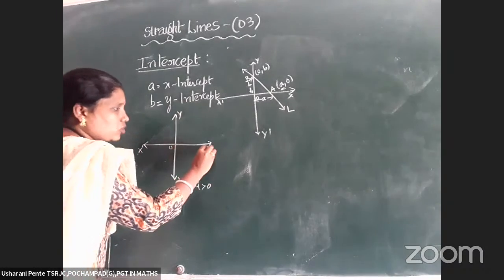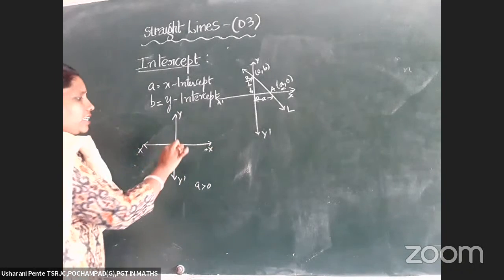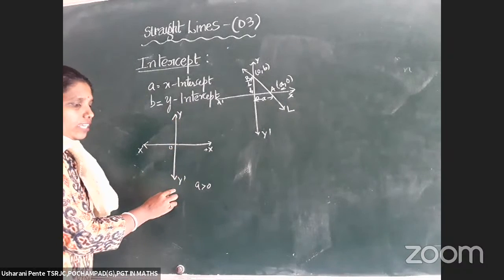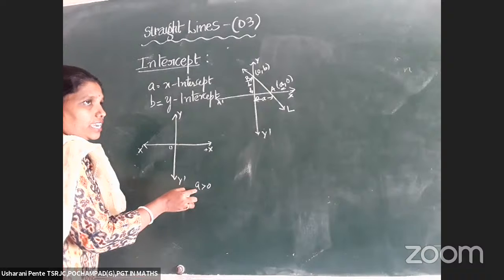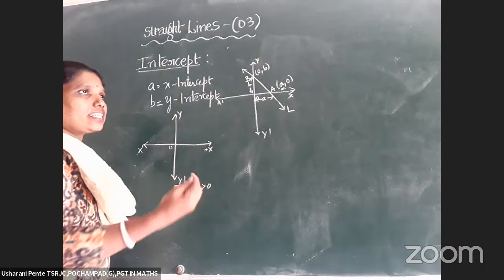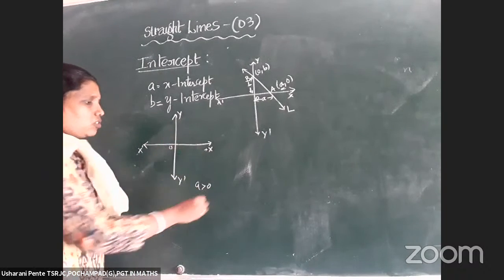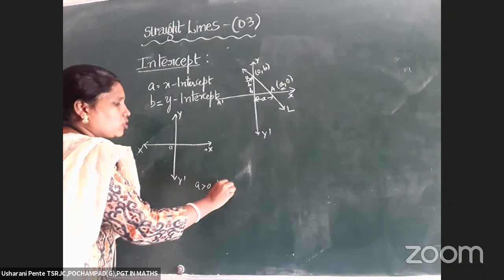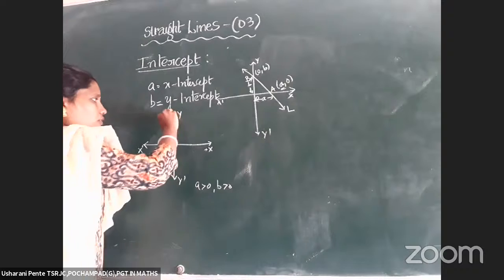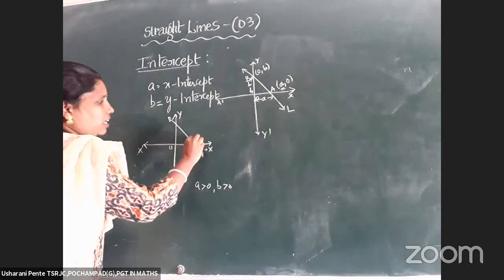Here we have the positive values of x, here the negative values of x, here the positive values of y, and here the negative values of y. Here A is greater than 0, which means A is positive, and B is also positive. Therefore, the line will pass like this.